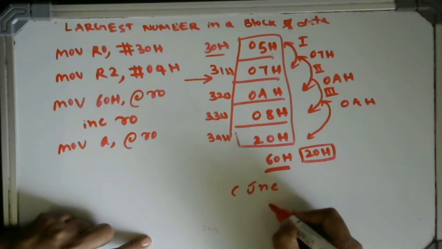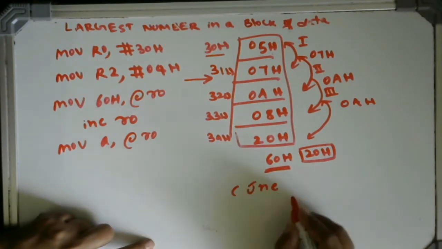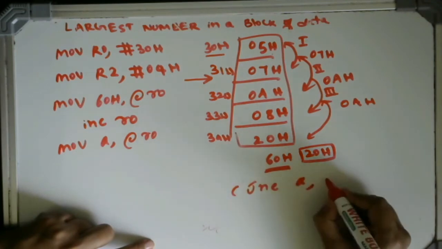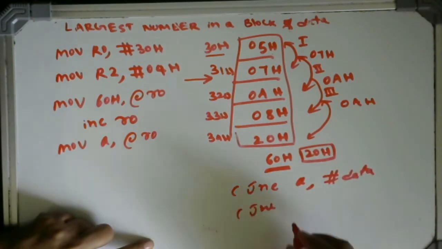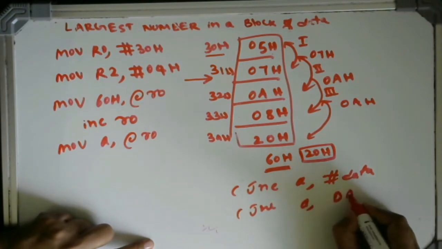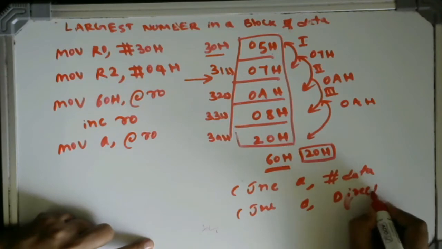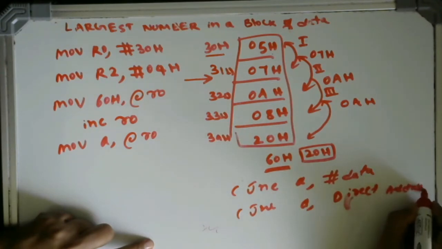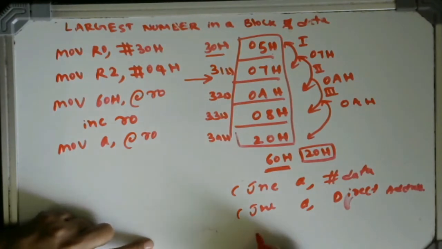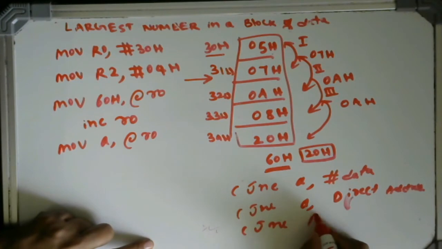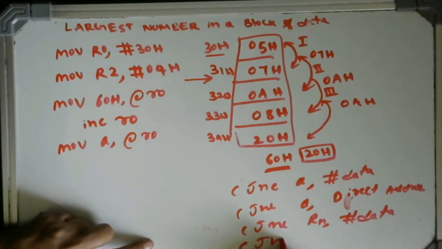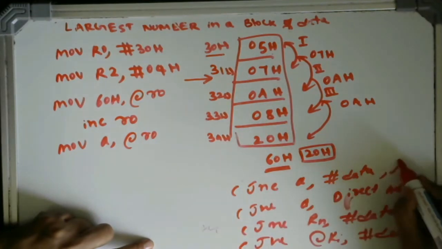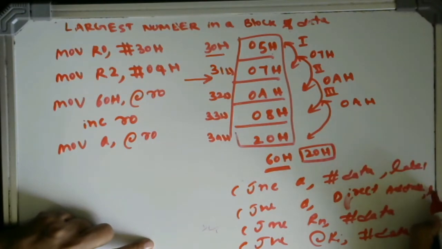There are 4 different instructions with the opcode CJNE: CJNE A, #data; CJNE A, direct address; CJNE Rn, #data; and CJNE @Ri, #data, and all these have a label, meaning a target address.